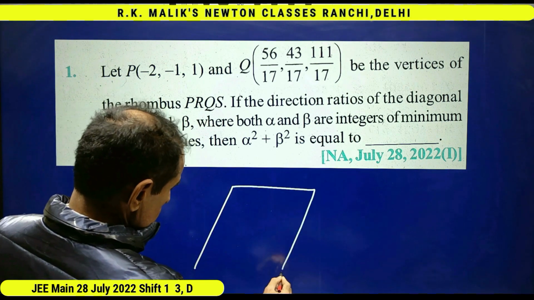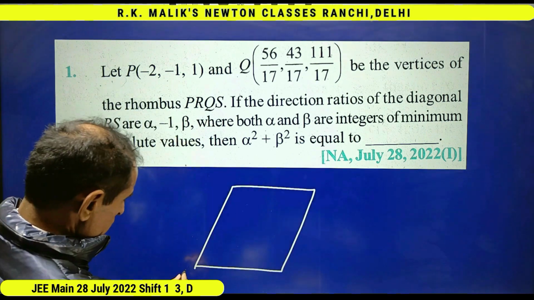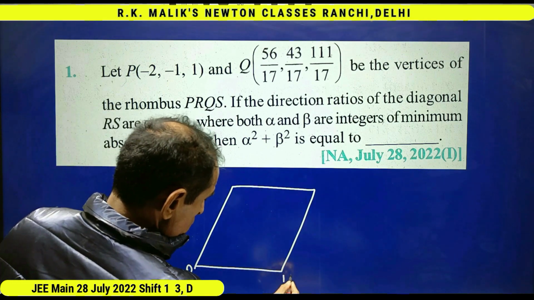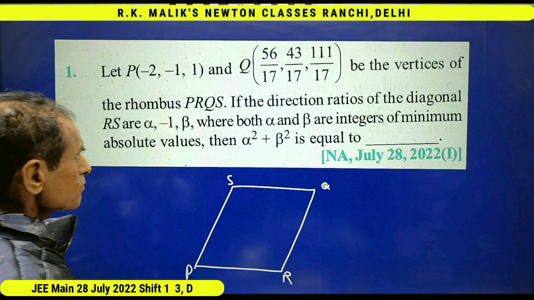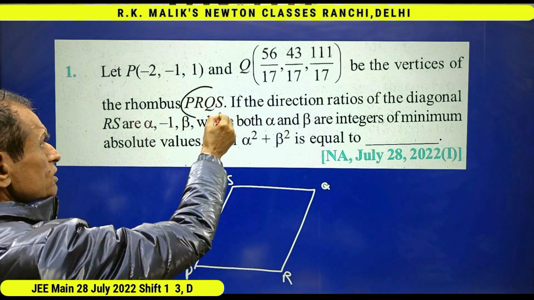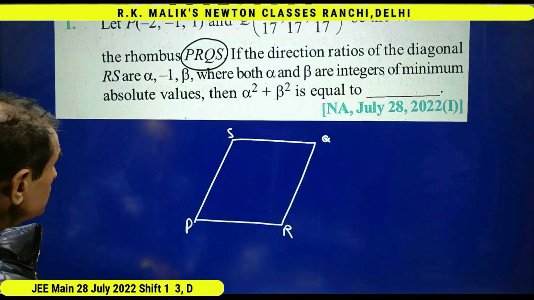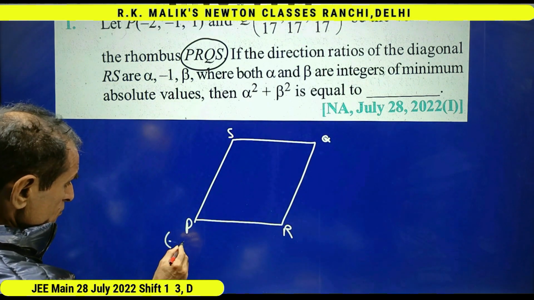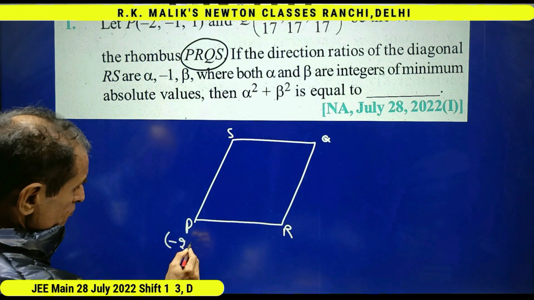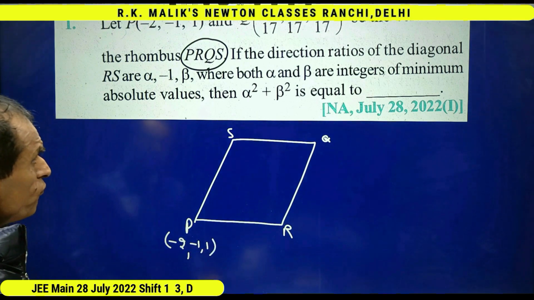This is a rhombus. This is the rhombus PRQS, because the rhombus given to you was PRQS, and according to the given information the point P is (-2, -1, 1).